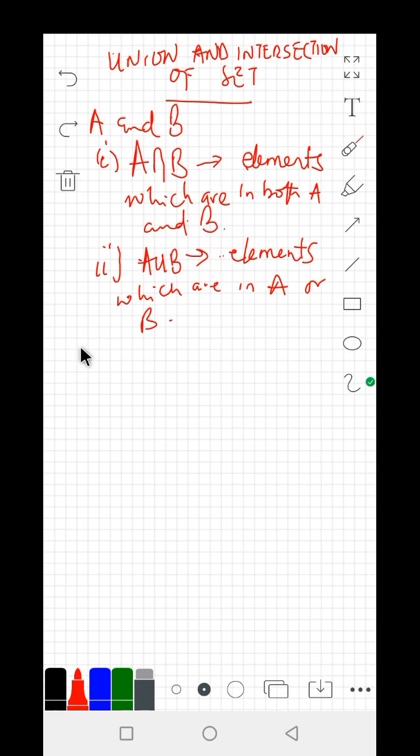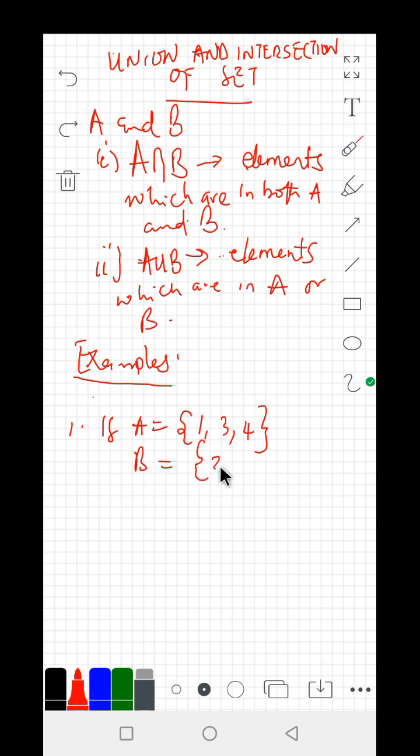Okay. So to explain this fact well, let's take an example. If A equals 1, 3, and 4, and B equals 2, 3, 5. The intersection of A and B will produce a new set.